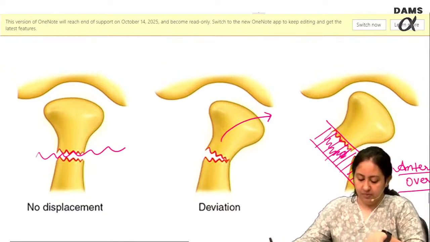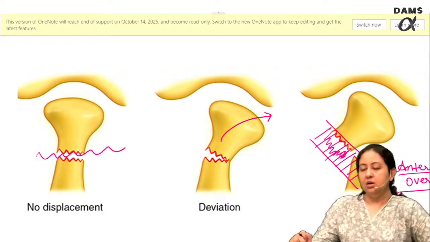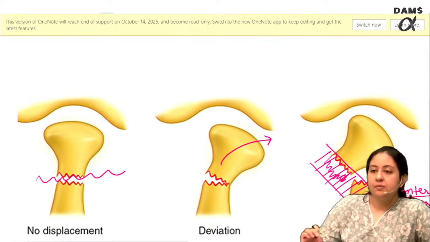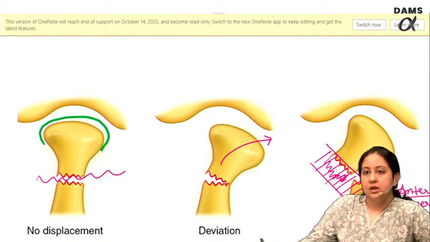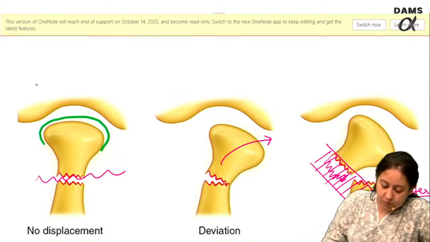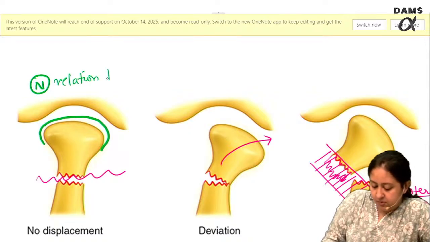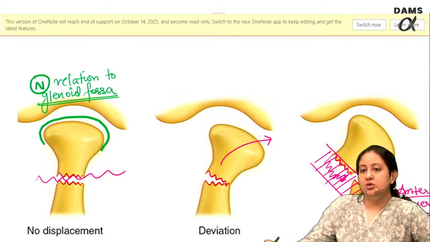It is not in the glenoid fossa. Let's see our diagram again. I'll use this green pen. So pink was for ramus, relation to ramus stump. Green is for glenoid fossa. So if you see here, this is not displaced. The condyle is lying in a normal relation to the glenoid fossa. Alright, normal, so non-displaced.